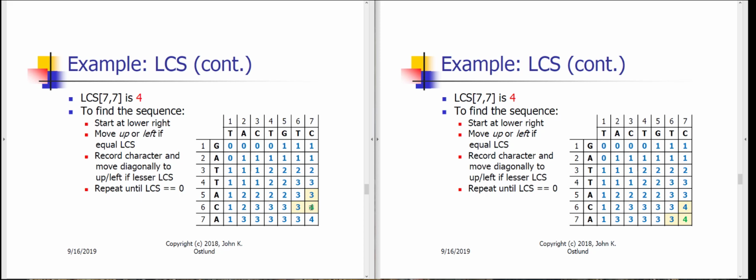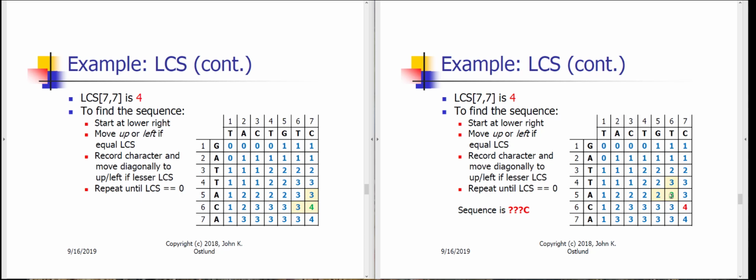So we'll record that character C, and we'll move up and to the left to start checking characters in the shorter row and column prefixes. So we're going to record the C and move up and to the left.